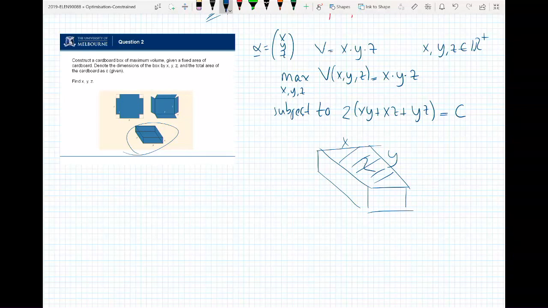Yeah, you have a closed box. What am I missing here? So two of these, and then 2 of these, right?